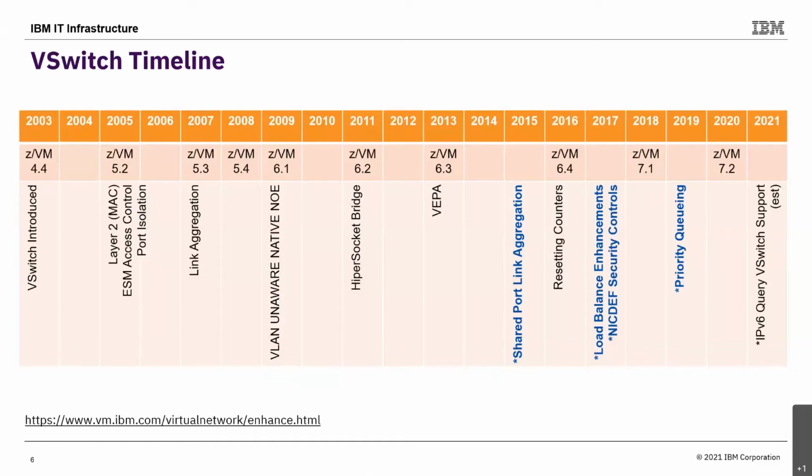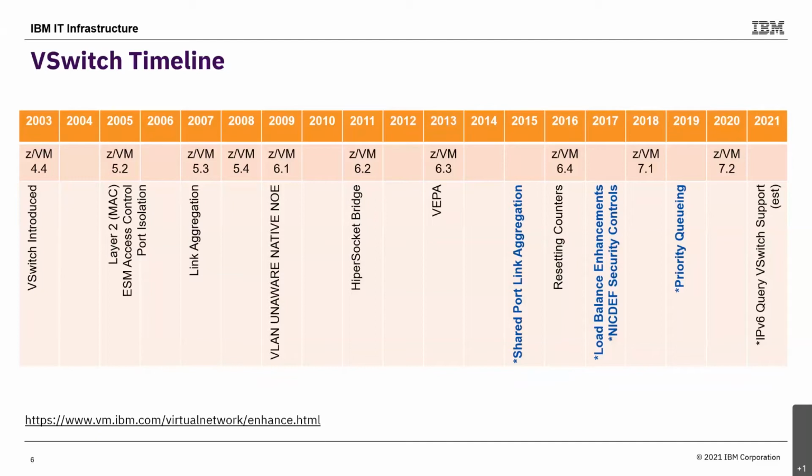It was based upon our previous support that we did, which was Guest LAN, a simulated HiperSockets link that would allow guest-to-guest transmissions, but you couldn't get to the outside world with that. So when we developed that prior to this, one of the things that we had on our idea list was to actually connect to the outside world. So while we were designing Guest LAN, we were also starting the design for the vSwitch.